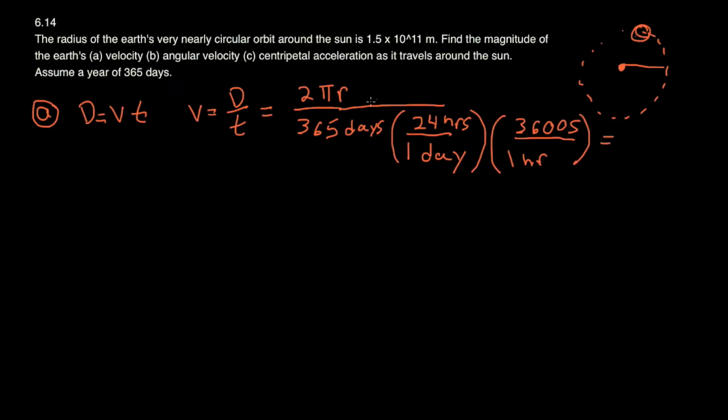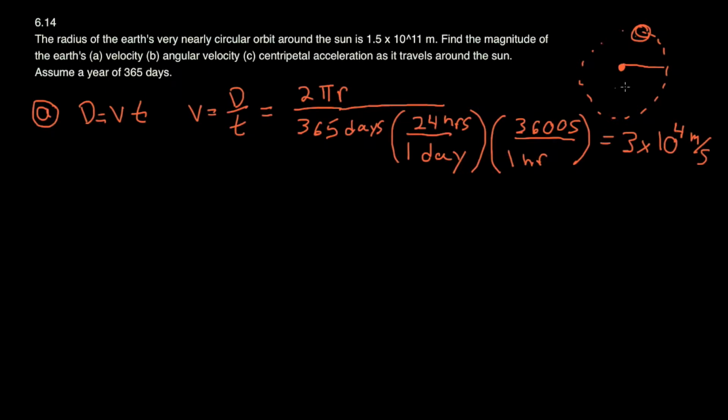Okay, so r is equal to 1.5 times 10 to the 11th meters. When you put this all in your calculator, that comes out to 3 times 10 to the 4th meters per second.